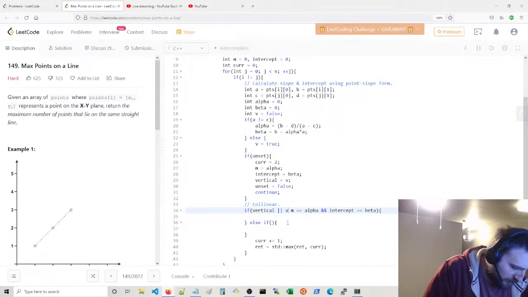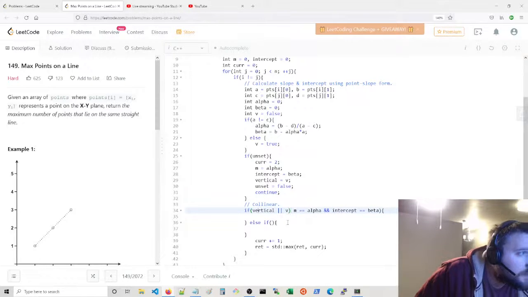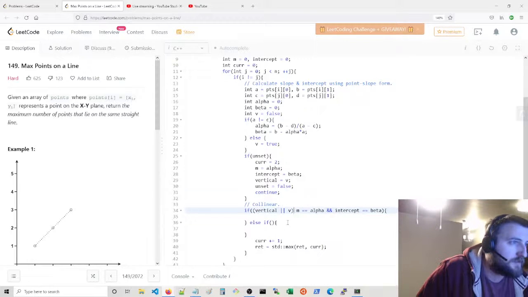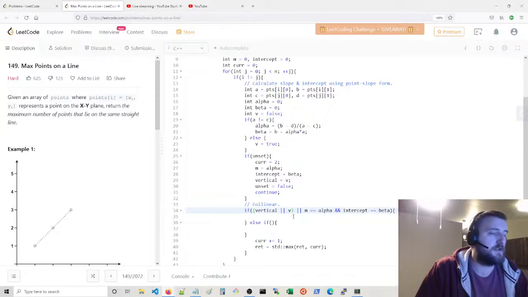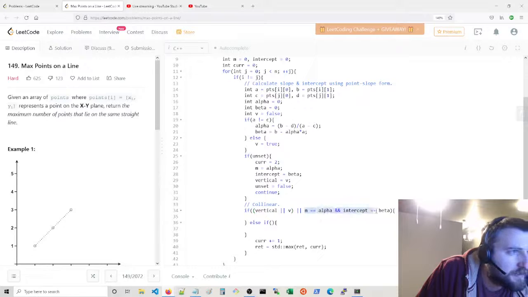If you're vertical or v, if that's not the case, then you're neither of those, neither vertical nor v, right? Then you can check these two.